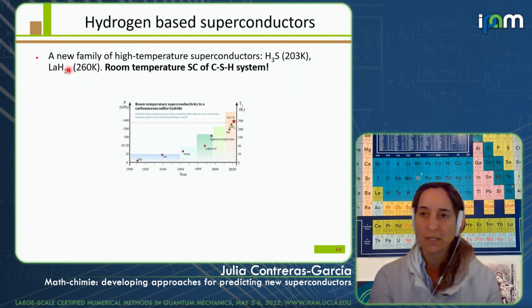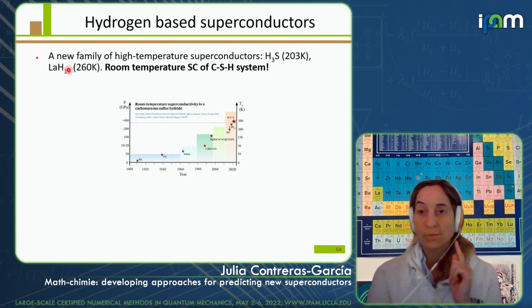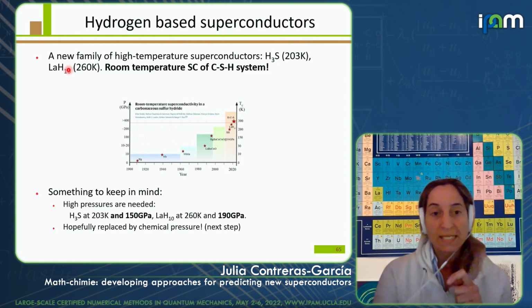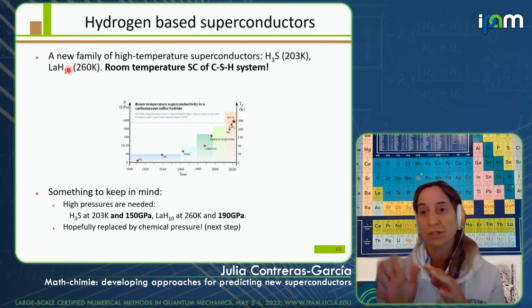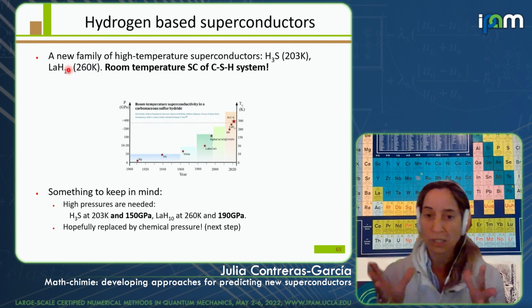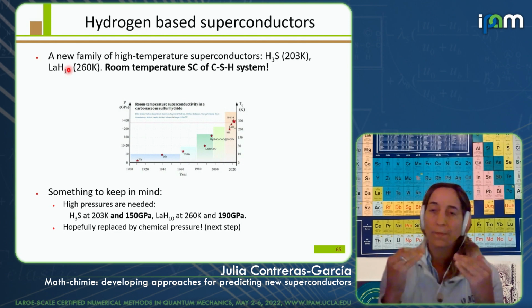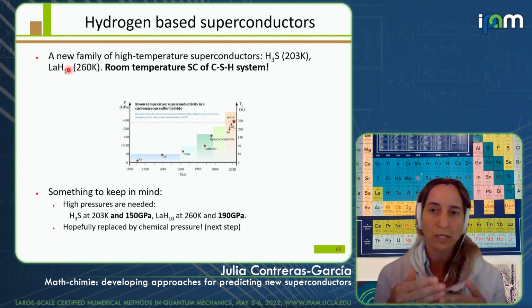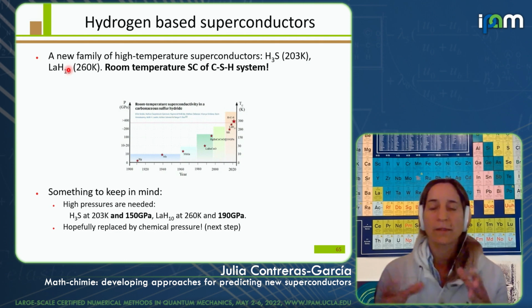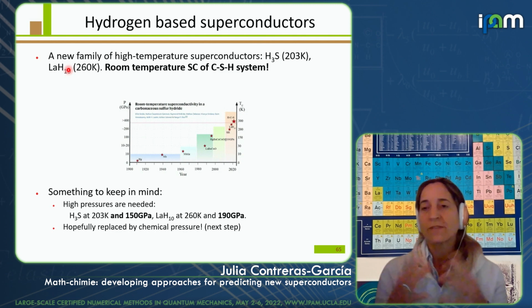The problem here, and it goes back to what I just showed you, is that they are high temperature, but also high pressure. So it's still not useful from a technological viewpoint. Now, as I was telling you, we can hope to substitute hydrostatic pressure by chemical pressure. So that's a second step that is feasible.